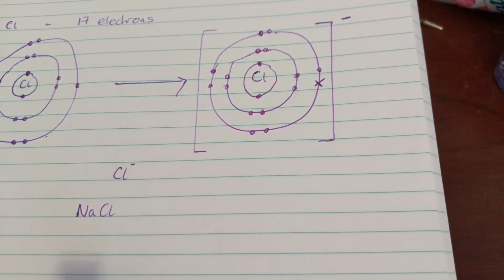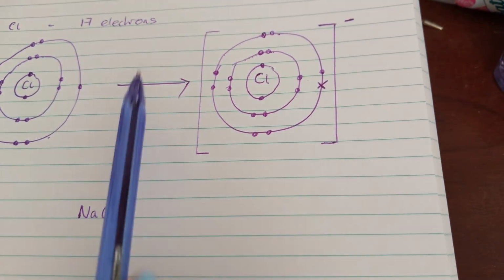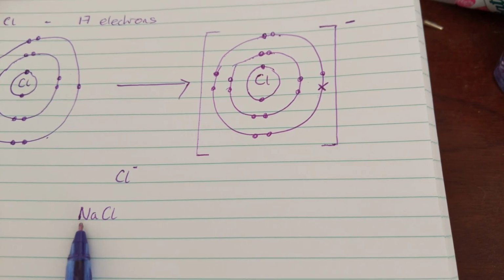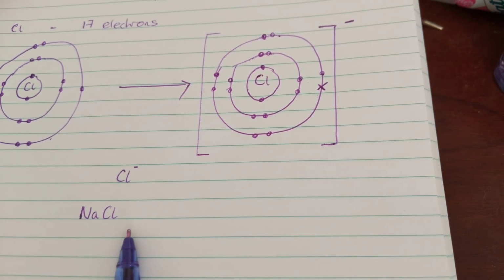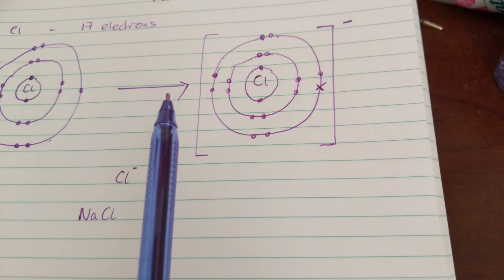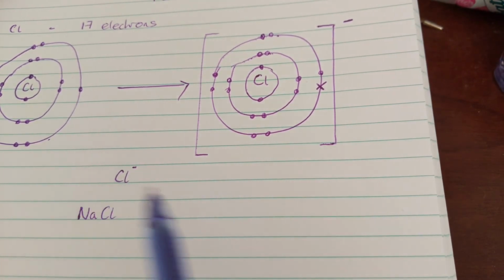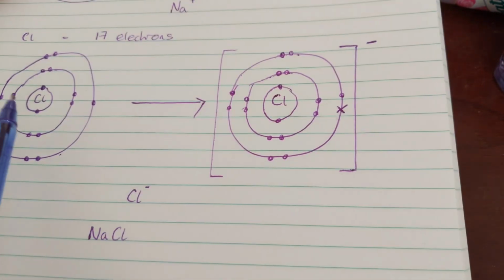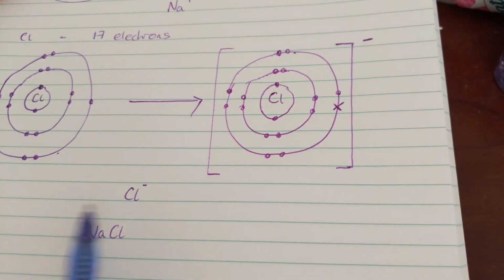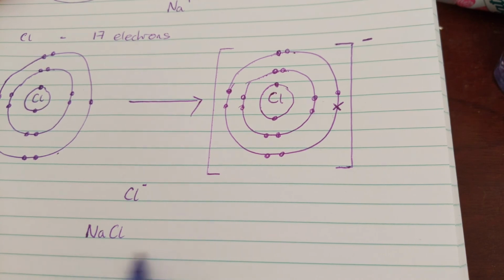There are no numbers, no charges or anything, because when they exist together, they cancel out the charges, and you only need 1 sodium ion to cancel out 1 chloride ion. So chlorine, the element chlorine, becomes chloride when it's an ion, so it's sodium chloride.